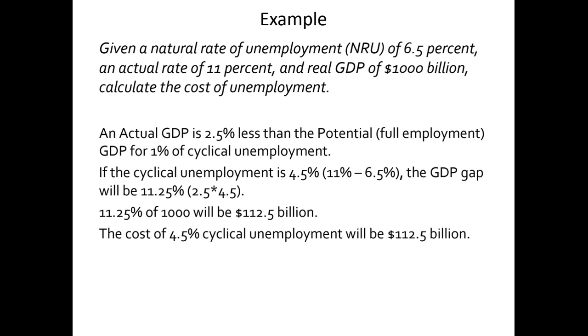Now, according to Okun's law, actual GDP is 2.5% less than the potential or full employment GDP for 1% of cyclical unemployment. This is Okun's law. I know we have 4.5% cyclical unemployment, which I calculated by subtracting the 6.5% natural rate from the actual unemployment rate of 11%.